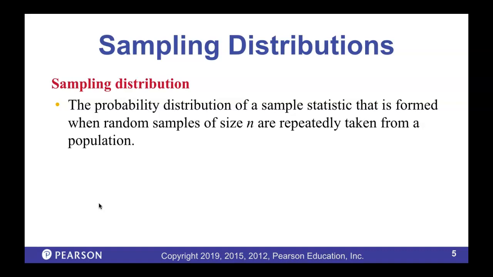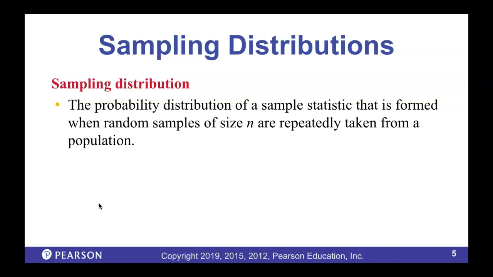Will their GPA be the same as your GPA? Not necessarily, right? Maybe their GPA is 3.9 or 2.5. But the sample statistic is going to be different from one sample to another because samples are all different. Okay, does that make sense?